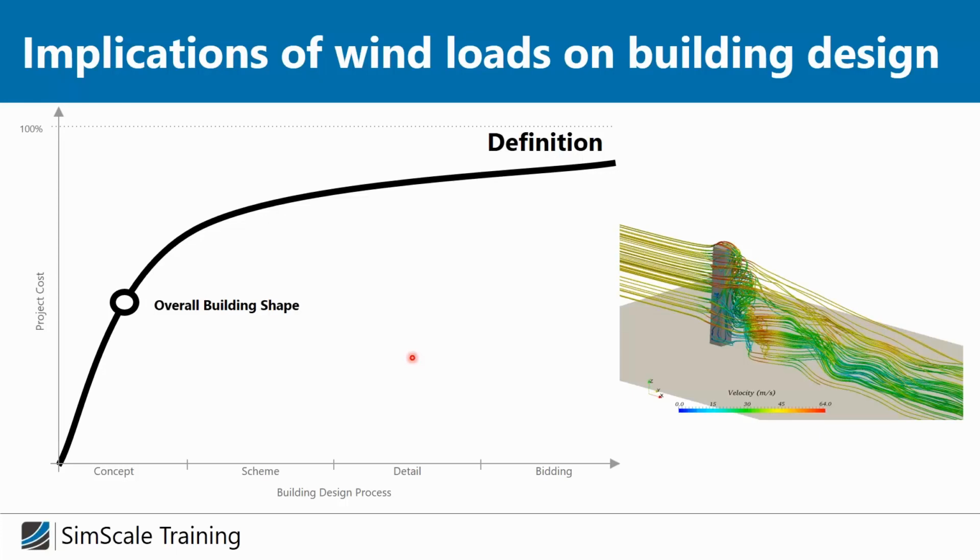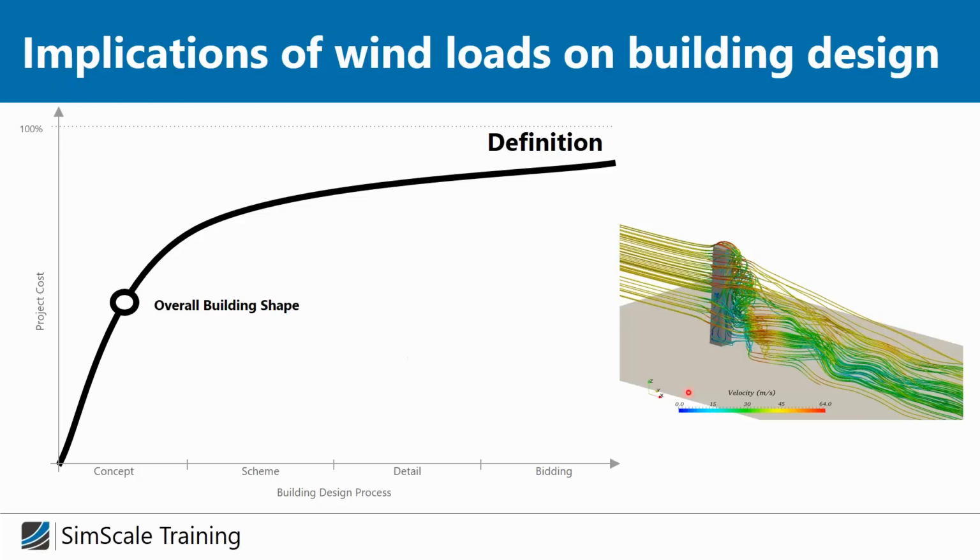If you find out at a very late project stage that, for example, forces induced by wind loads are too high, then you have to invest a lot of time and resources to find a solution. So what our customer is doing, when they plan a new skyscraper, is that at the very beginning they run some very general simulations and investigate, for example, what's the best orientation for the project. Later they can use the simulation results as boundary conditions, for example, to calculate the facade or other things. But we'll talk about this soon.